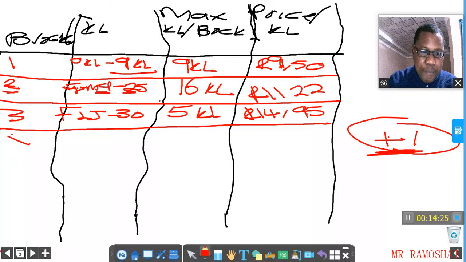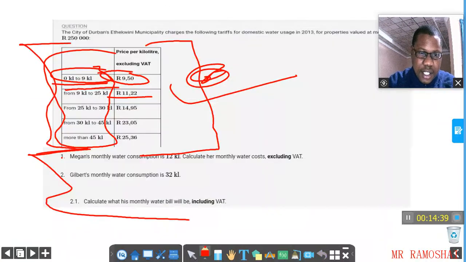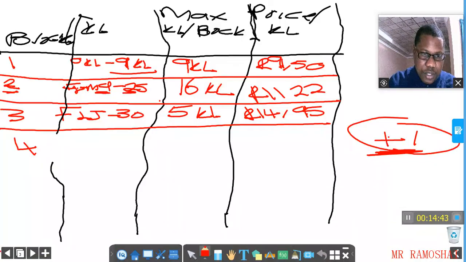Let's go to block number 4. Right, block number 4, what does it say? It says from 30 to 45.